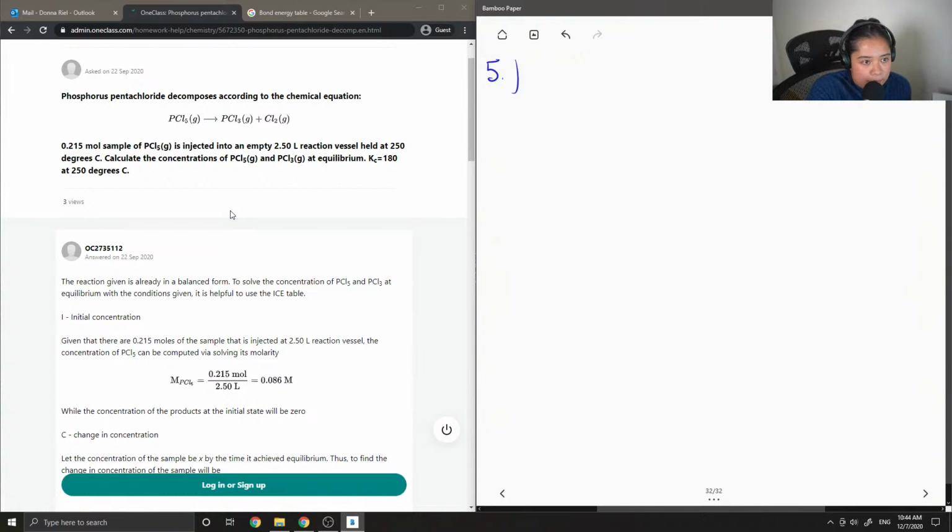Okay, so first I'm going to write the reaction down. Phosphorus pentachloride gas makes phosphorus trichloride gas plus Cl2. Let's try to make it fit.